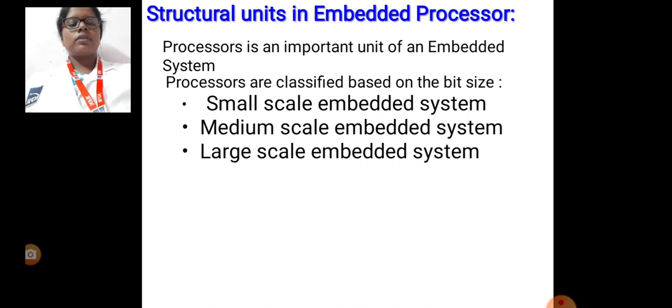It processes the following things in a fast manner: first one is single instruction multiple data, SIMD, and discrete cosine transform, DCT. These discrete time instructions will be covered in your next semester paper, like DSP. And inverse discrete cosine transformations.